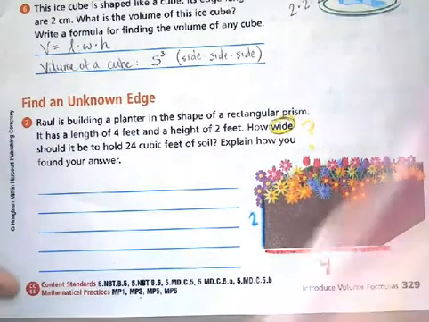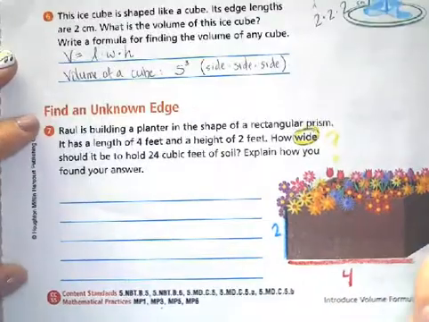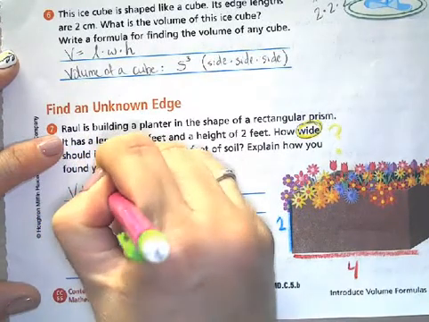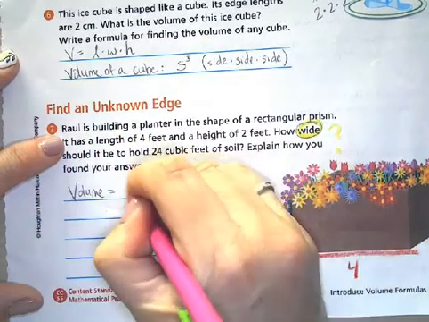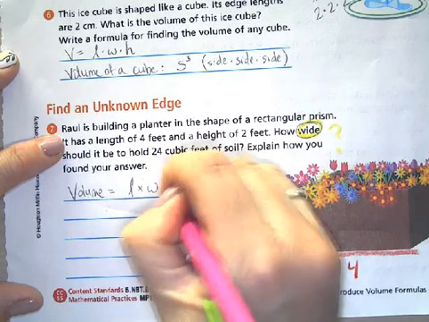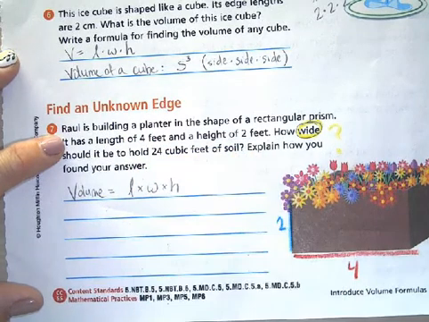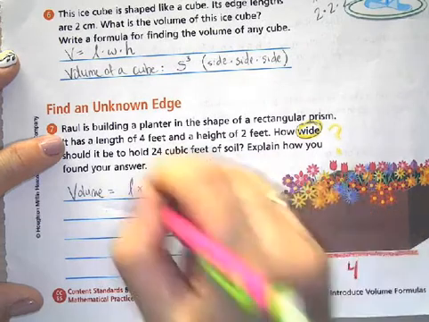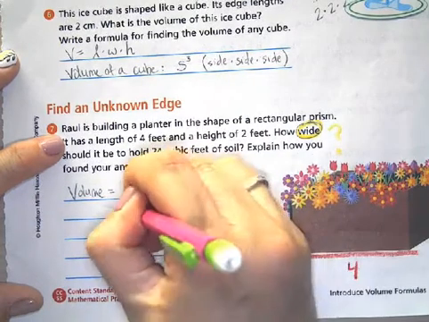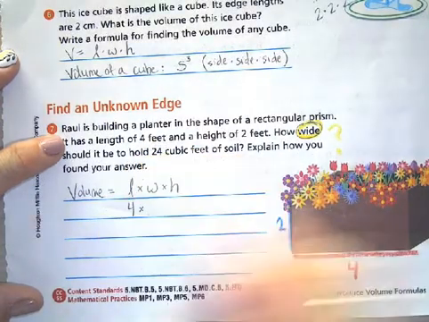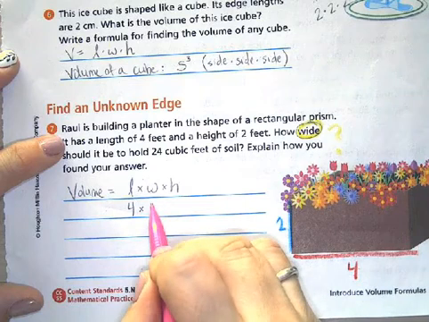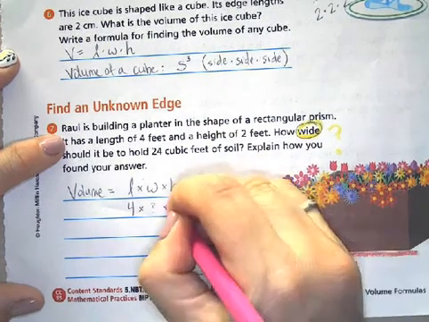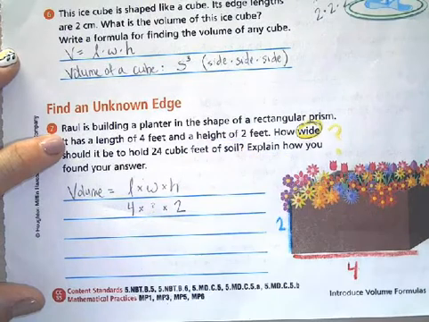Okay, well, let's think about this. If I know that the volume equals length times width times height, and I know that the length is 4, I don't know the width, so I'm going to leave a question mark or a blank line, and I know the height is 2.